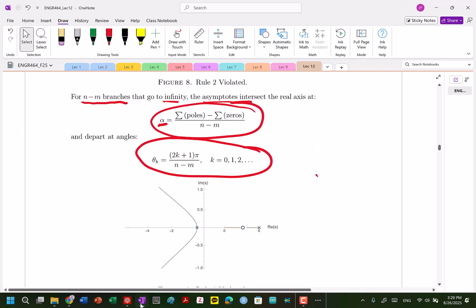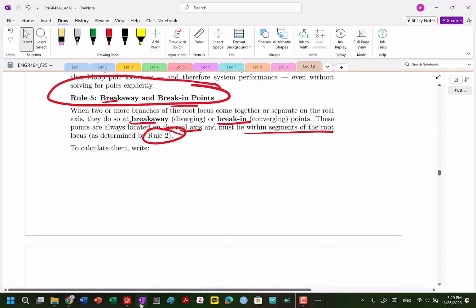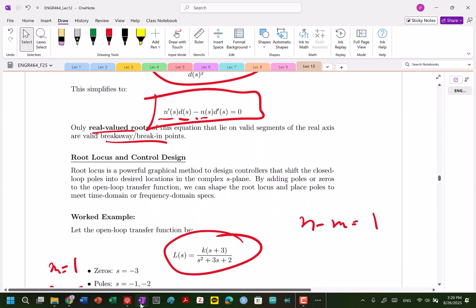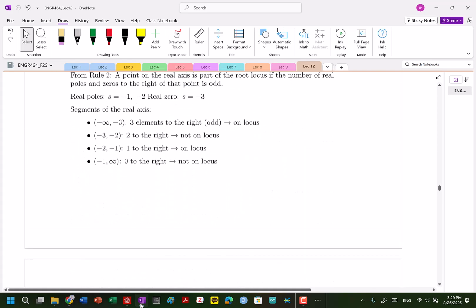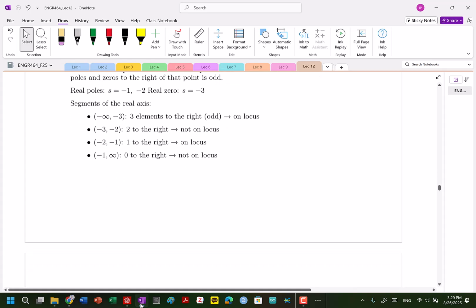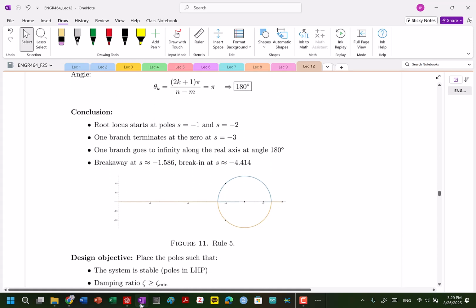So those are the locations of the break-in and break-out points for those poles. Fantastic. Nailed it. All the rest is just exactly what we calculated.